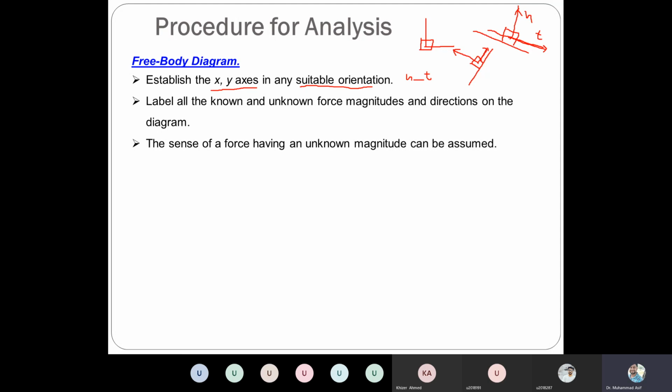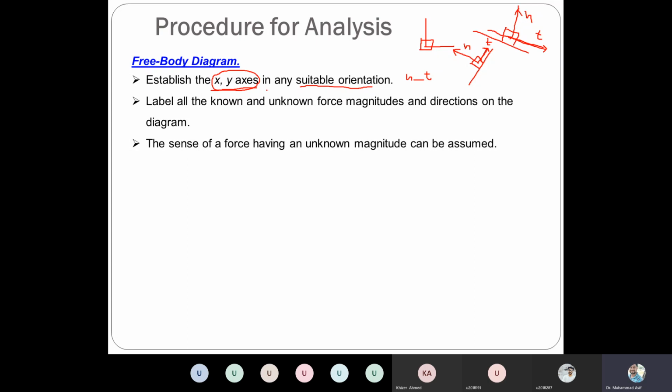But generally, in most cases, the easiest way is to choose the XY coordinate system. That's very easy and convenient.